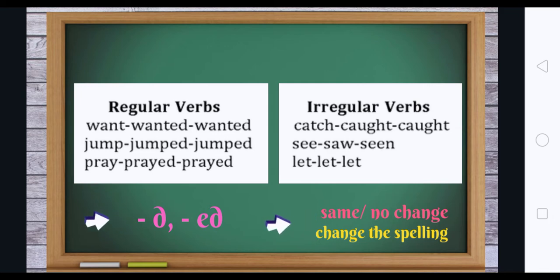See, saw, seen. Let, let, let. In regular verbs, we just add D or ED at the base form of the verb. While irregular verbs, there are no changes or we need to change the spelling, just like the given example a while ago.